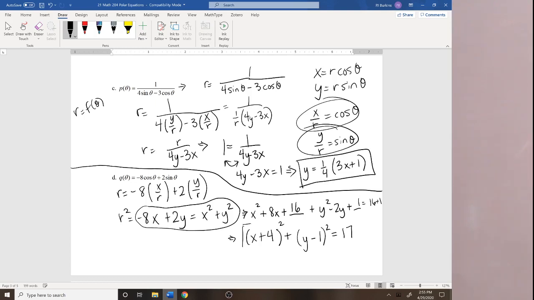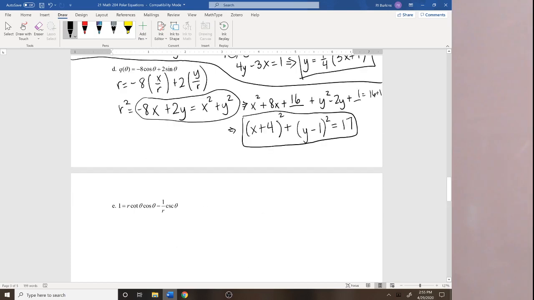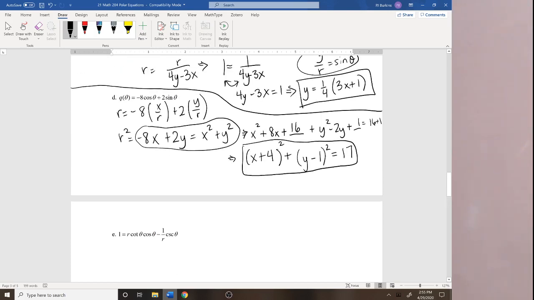Do you recognize that equation? That's right, it's a circle.